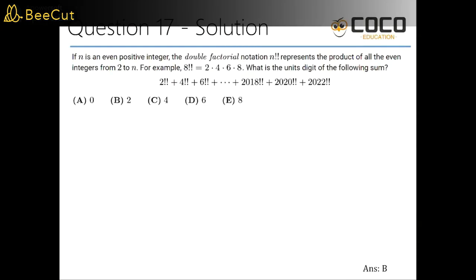Question 17. Okay, this double factorial notation here means the product of all the even integers from 2 to n. So 2 double factorial, the last digit is just 2. 4 double factorial is 2 times 4. 6 double factorial, 2 times 4 times 6.